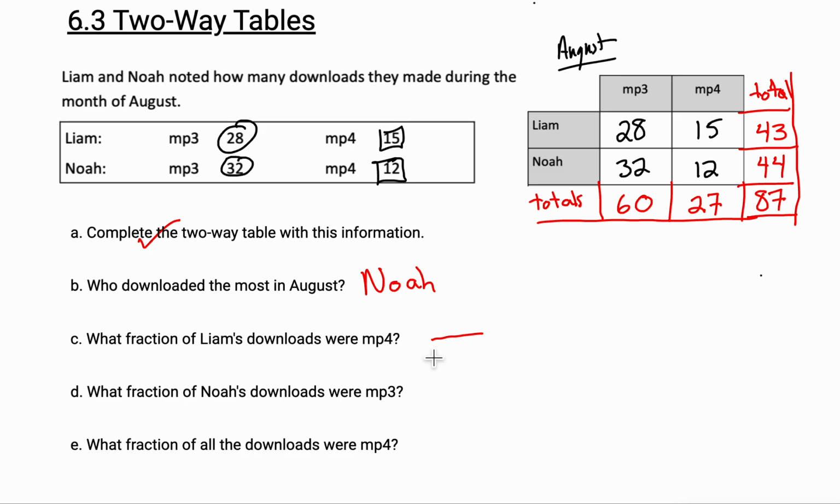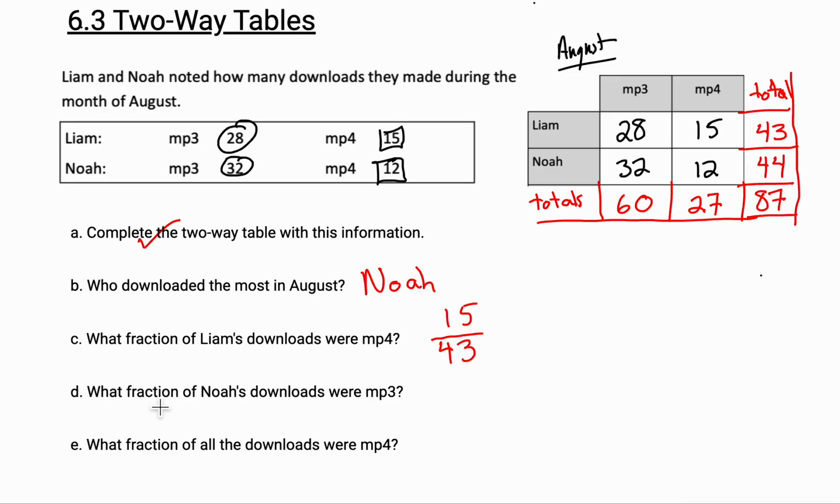So our total for Liam's downloads is 43. So I'll write down the 43 there. That was Liam again. We want to know how many were MP4s. Liam's MP4s was 15. So our fraction would be 15/43.